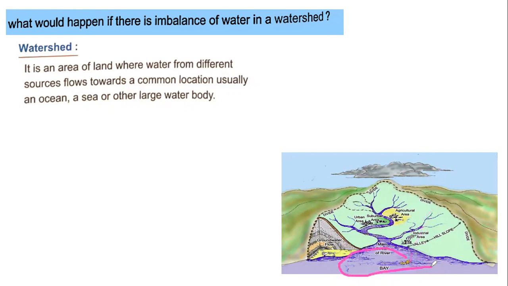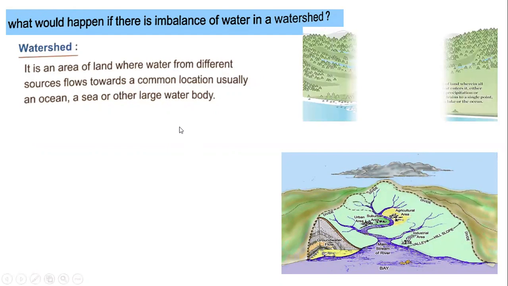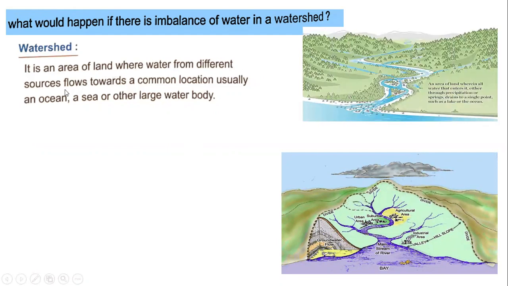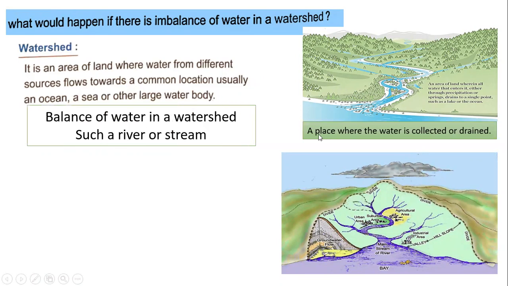So where the water is collected in. This is a watershed. A watershed is an area of land where water from different sources, from rains, from floods, flows toward a common location, usually an ocean or sea or other large water body. So what is a watershed?